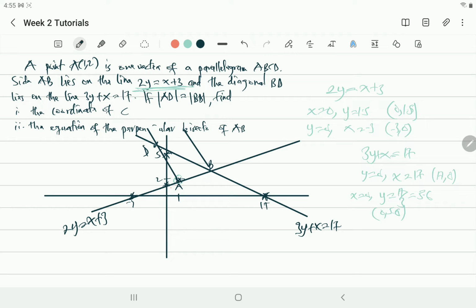Then I join the one here too. Eventually I have that place as my C.